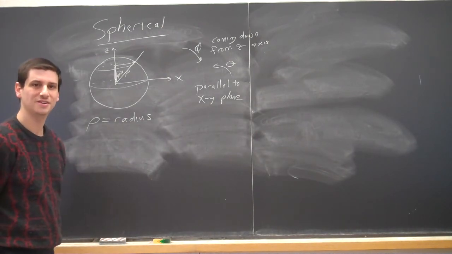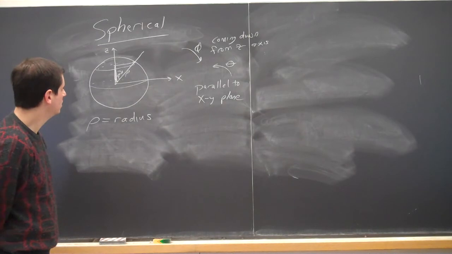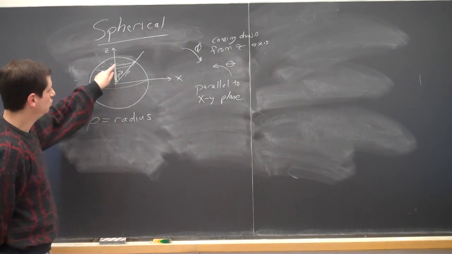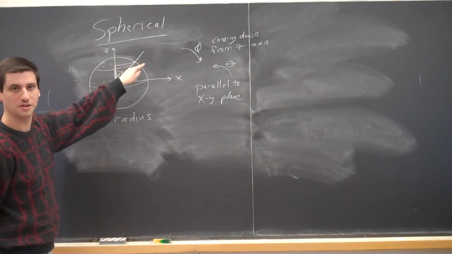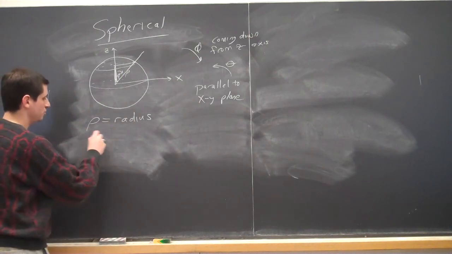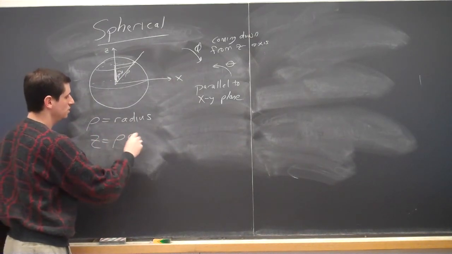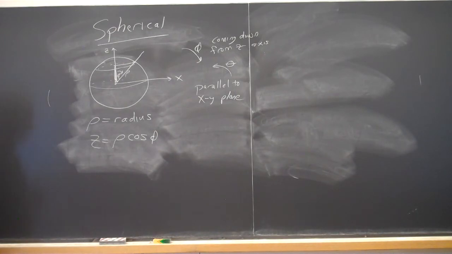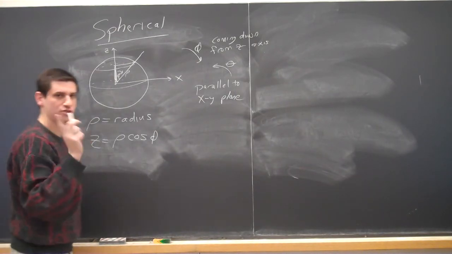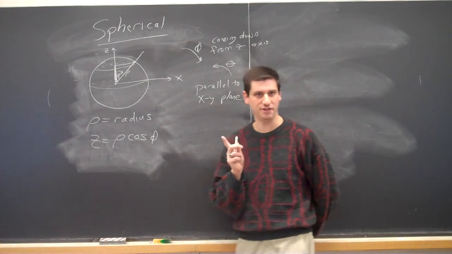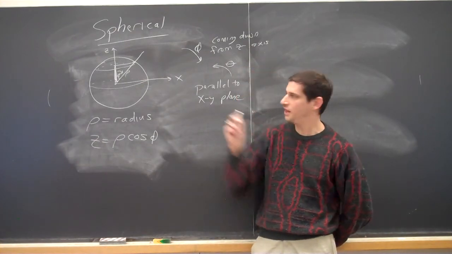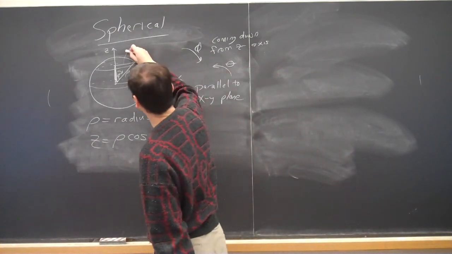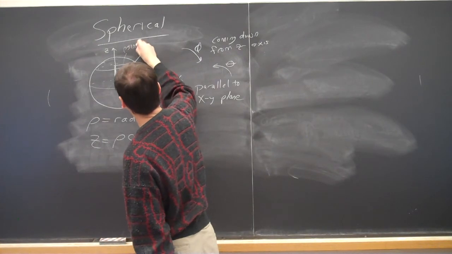Sine of phi would be this length over here. Cosine. So it's going to be cosine of phi. So z is going to be rho cosine of phi. But it's not bad that you said sine of phi, because we're going to need that. That's going to come up here. This is going to be rho sine phi.